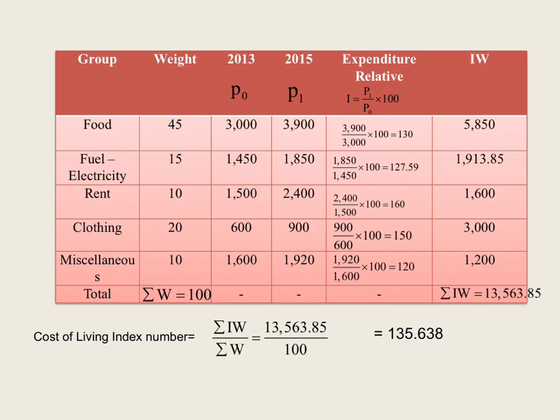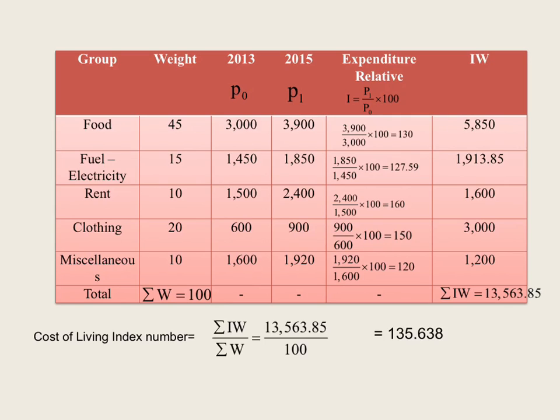Now next step is IW. W is there, I we have already found. So simply multiply this, so we get 5850, 1913.85, 1600, 3000, 1200. So Sigma IW is equal to 13,563.85.